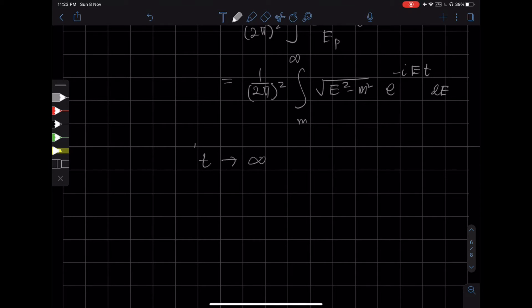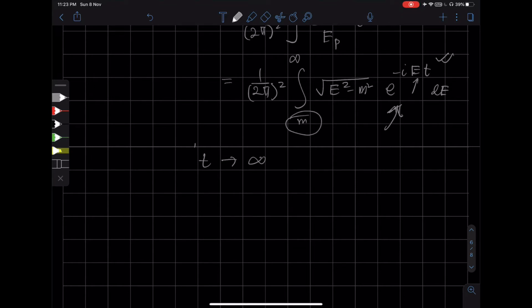Now here we see that when t is large, this is going to oscillate very rapidly. So the major contribution to this integral will come from the lower end of the value of E, which has the value of m.